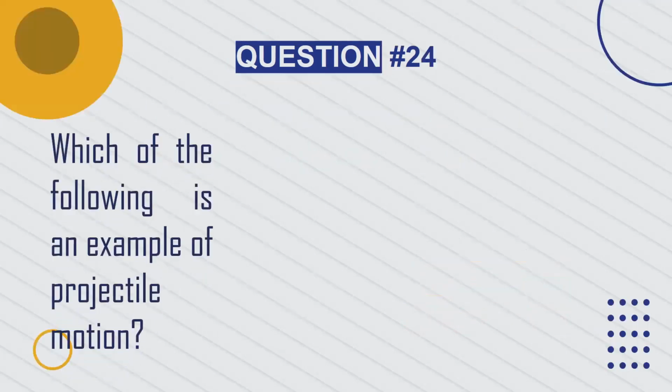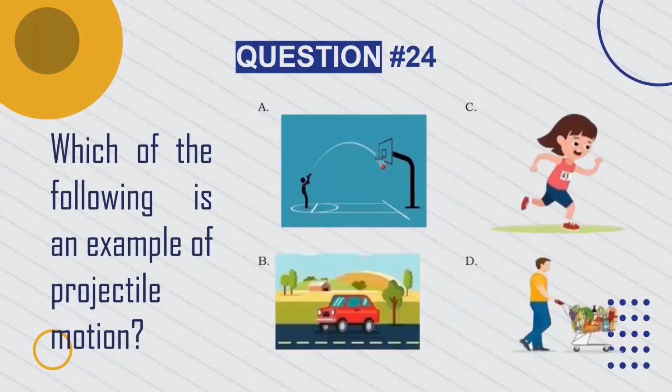Which of the following is an example of projectile motion? Is it A, a person who is trying to shoot a ball, B, a car which is moving along a straight path, C, a girl running, or D, a person who is pushing a pushcart?